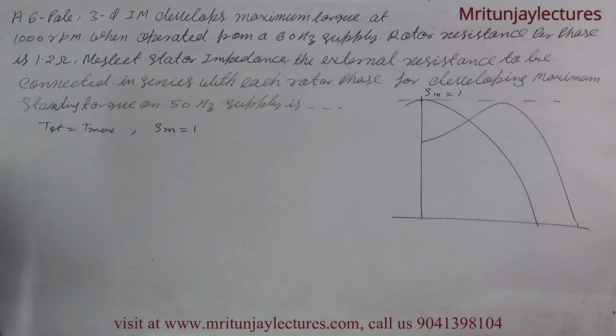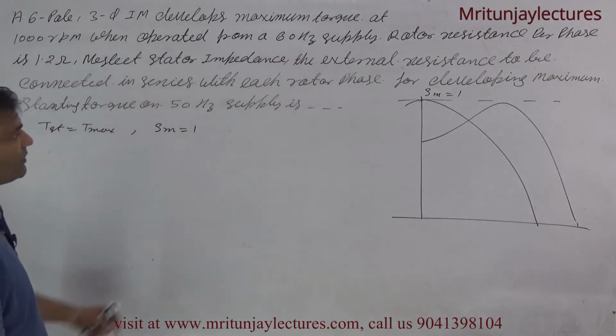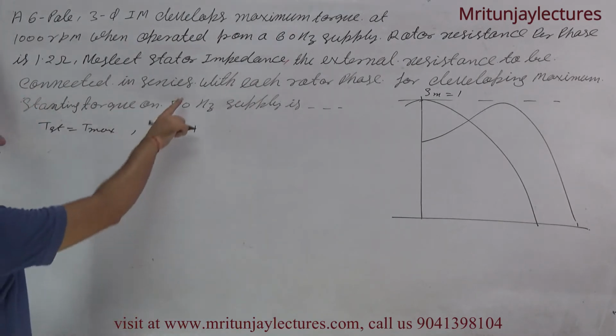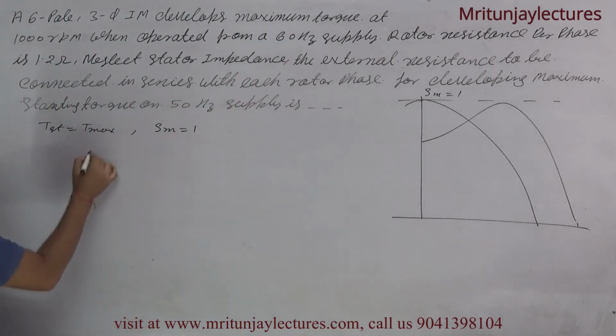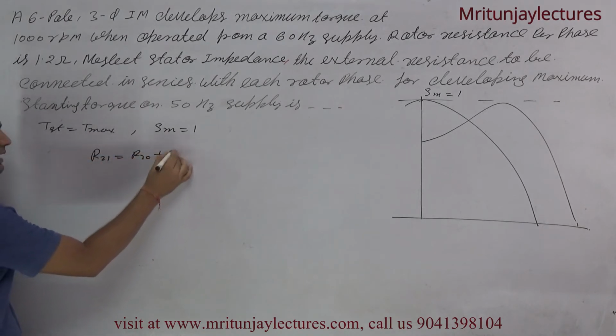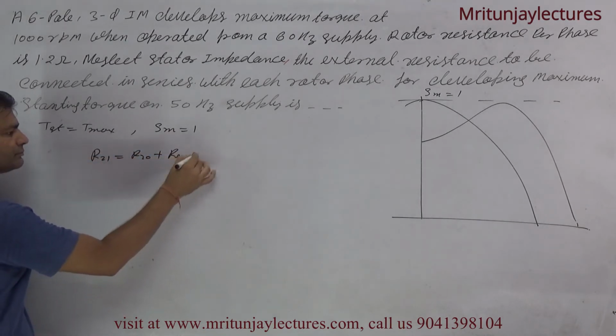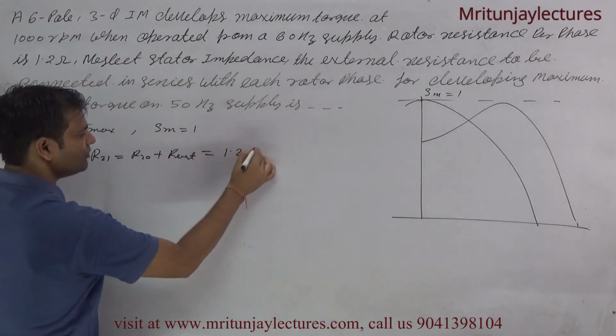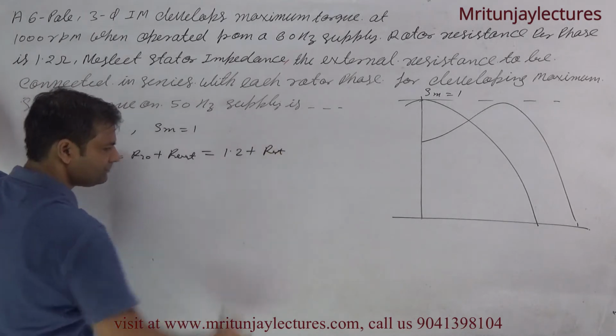Now, corresponding to the question, the external resistance to be connected in series with each rotor phase means R21 will be equal to R20 plus R external. R2 is 1.2 plus R external. Clear?